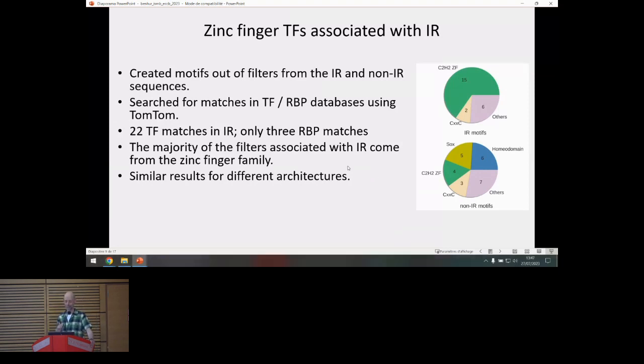As you all know, this matching process is very error prone, so I'm going to show an even more convincing approach. But this was pretty consistent across the various architectures that we tried.